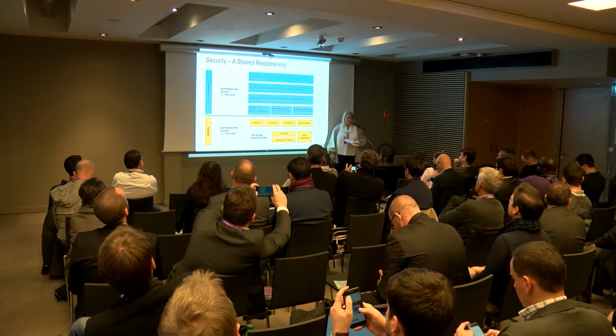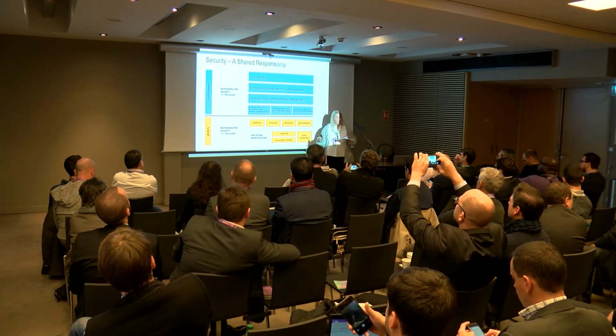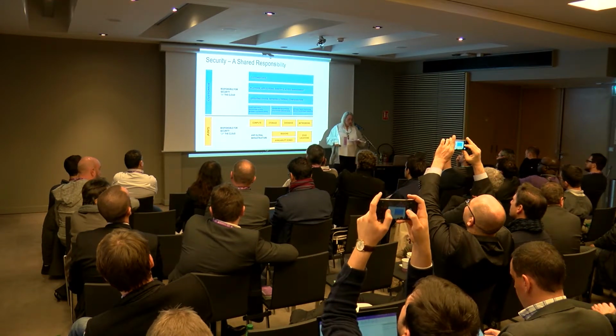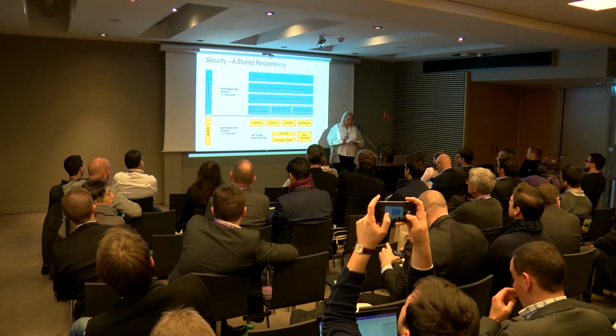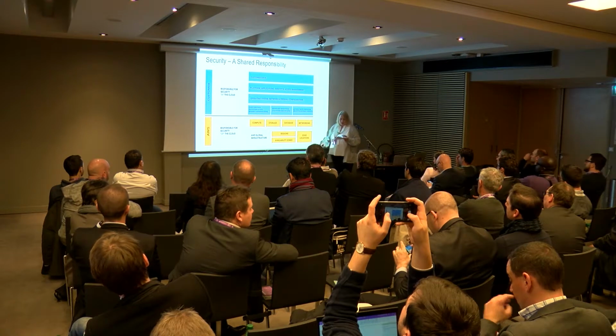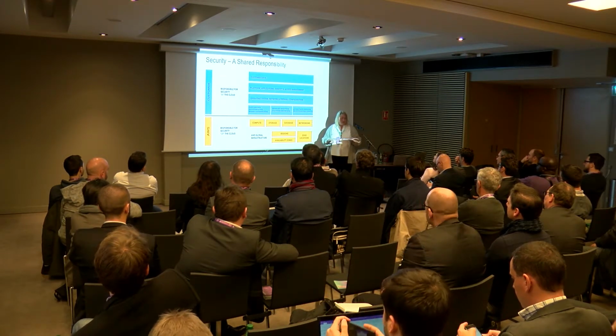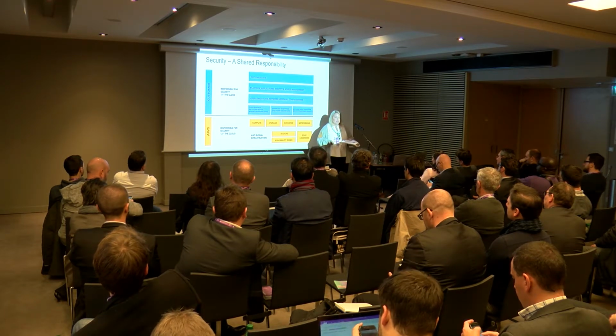So when we talk about the security of the cloud, AWS operates, manages, and controls the components from the host operating system and virtualization layer down to the physical security of the data center facilities.